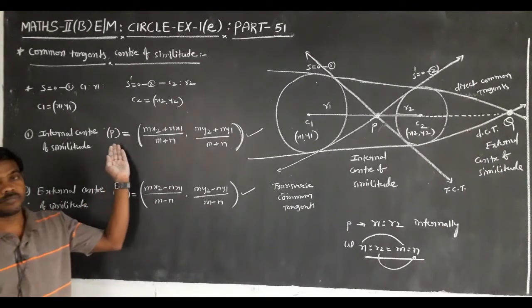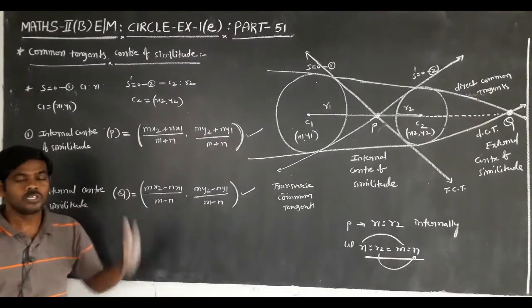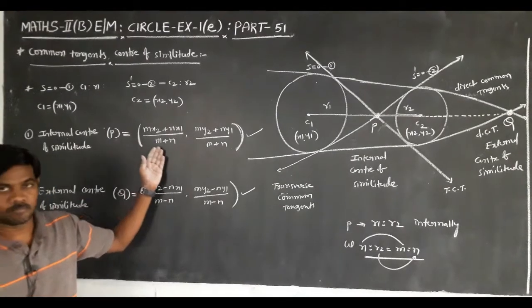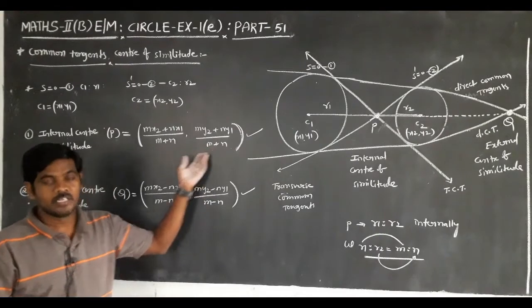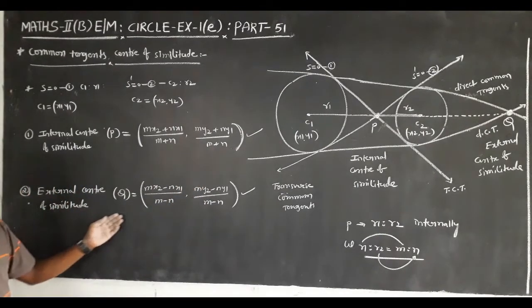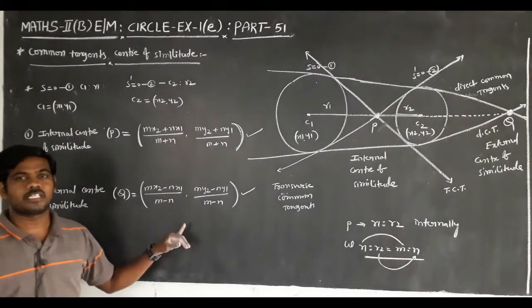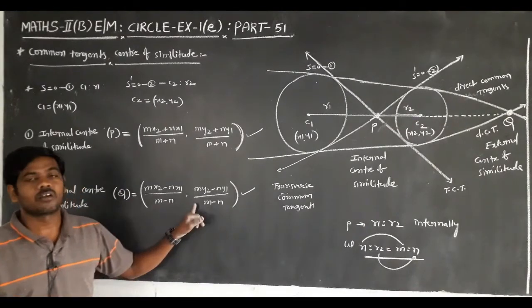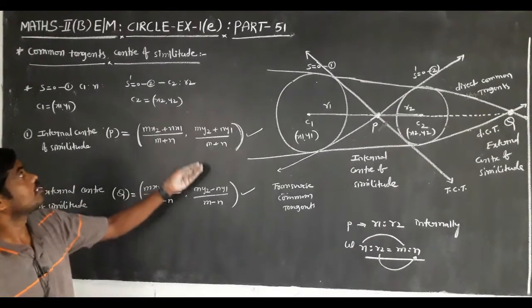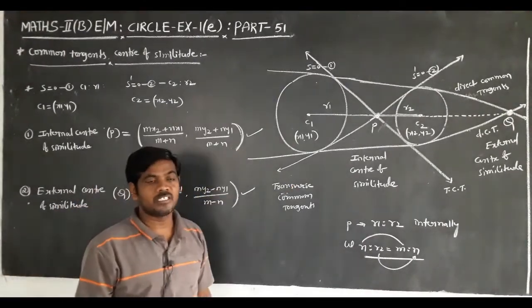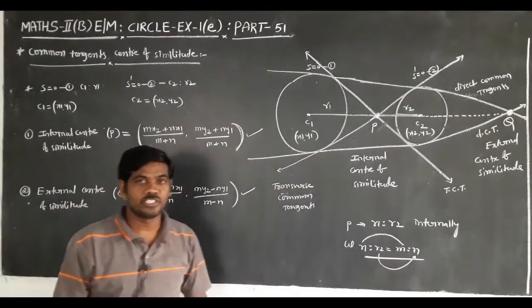Internal center of similitude P is equal to mx2 plus nx1 by m plus n, comma my2 plus ny1 by m plus n. External center of similitude Q is equal to mx2 minus nx1 by m minus n, comma my2 minus ny1 by m minus n. This is the common tangent and center of similitude.